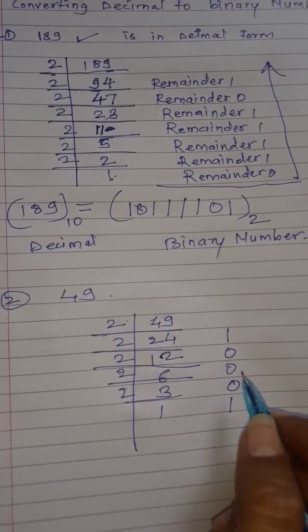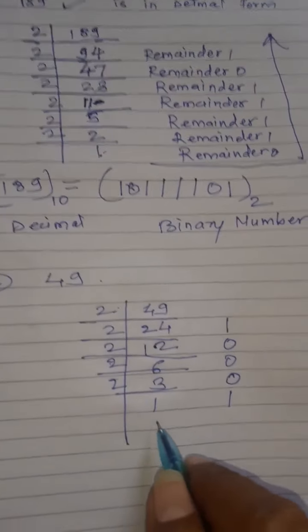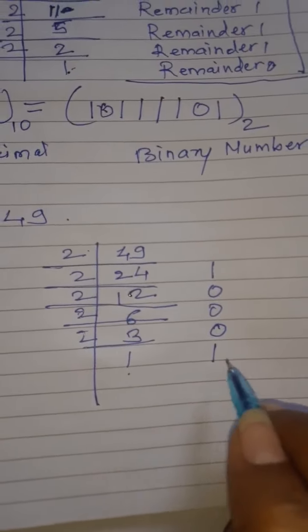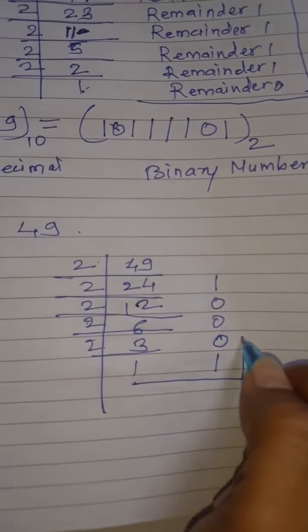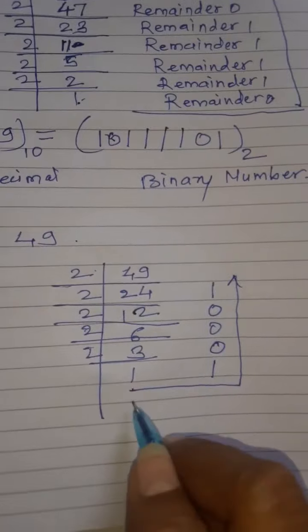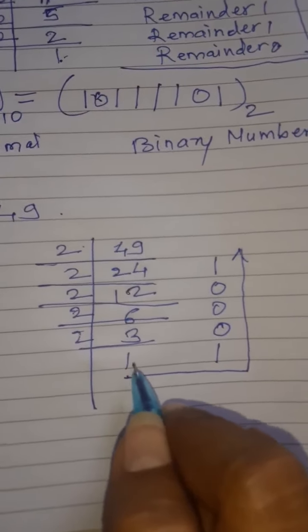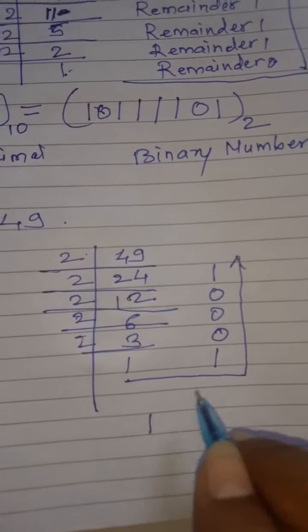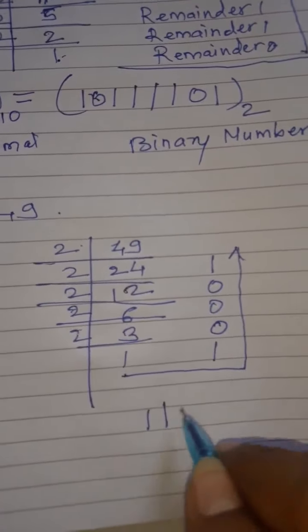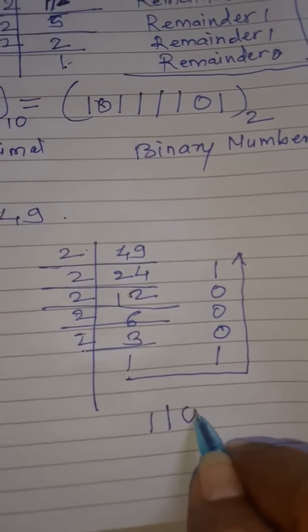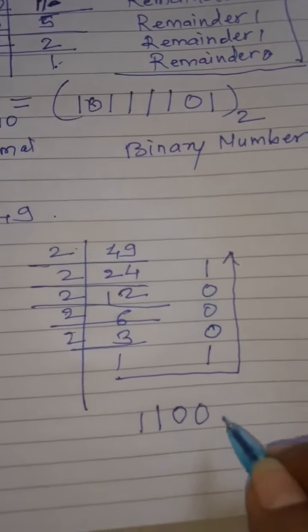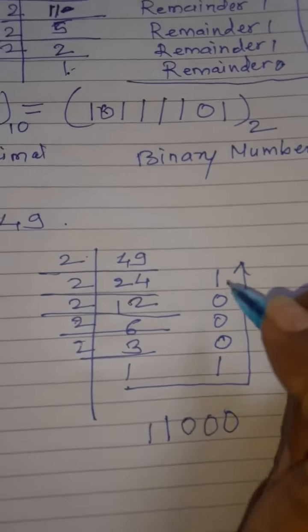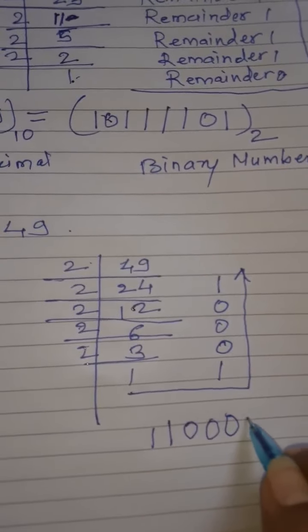So these are the remainders, and we have to go from bottom to top. First we write this 1, then this 1, then this 0, then this 0, then this 0, then this 1.